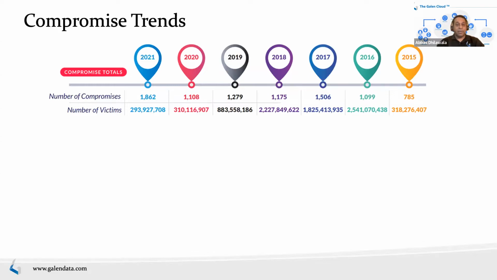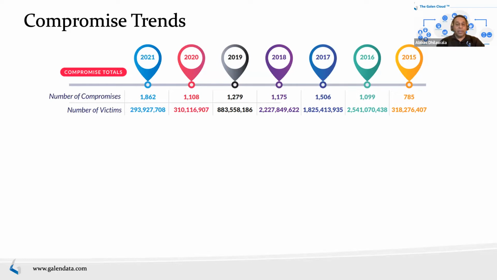If you see from 2015, the number of compromises is steadily increasing. So there's more and more people trying to get into systems. Again, this is industry-wide, so not healthcare, but the general trend. But if you look at the number of victims, there's a steady drop. There was a spike early in 2016, but from that point on, it's steadily going down.